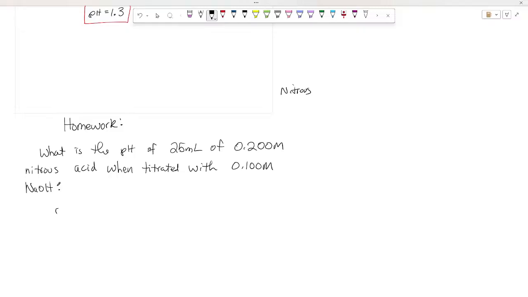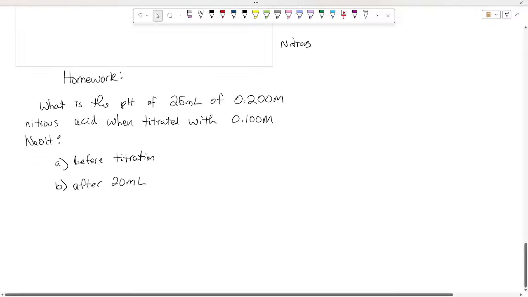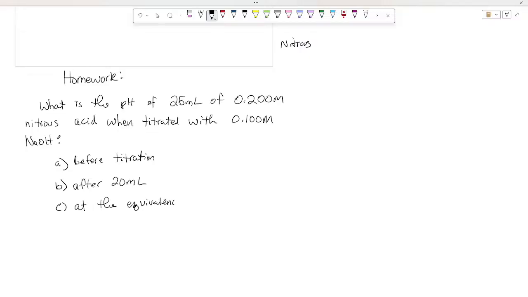And then we're going to say A, before titration. B, after, let me just quickly look, we'll say after 20 milliliters. C, at the equivalence point. And D, 10 mL after the equivalence point.